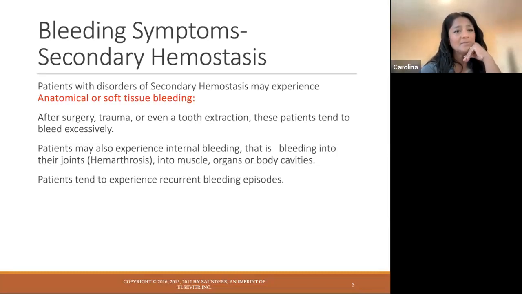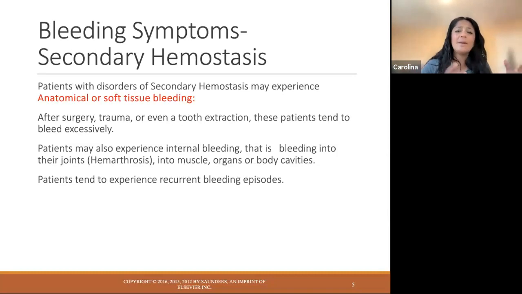And this can happen after surgery, trauma, or even a tooth extraction. And these patients tend to bleed excessively. Patients can also experience internal bleeding, so bleeding into the joints. That's also known as hemarthrosis, bleeding into the muscles, the organs, or body cavities.